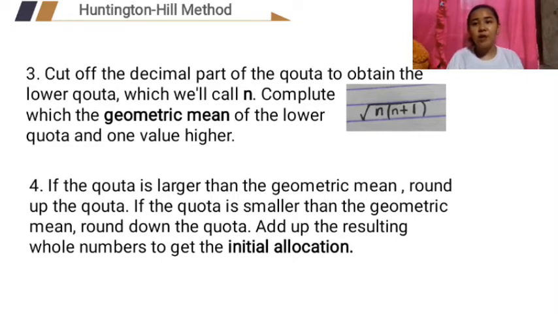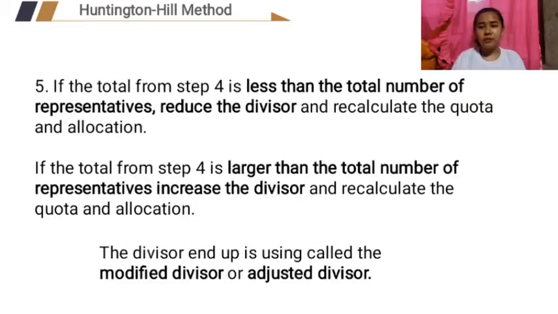Step 4. If the quota is larger than the geometric mean, we round up the quota. If the quota is smaller than the geometric mean, we round down the quota. Add up the resulting whole numbers to get the initial allocation. Step 5. If the total from step 4 is less than the total number of representatives, reduce the divisor and recalculate the quota and allocation.